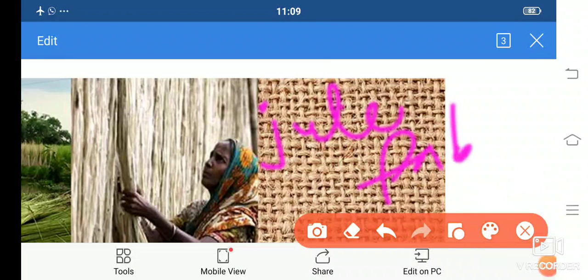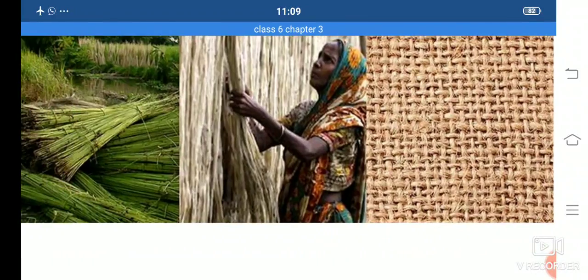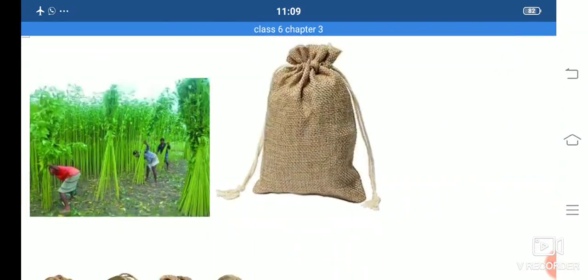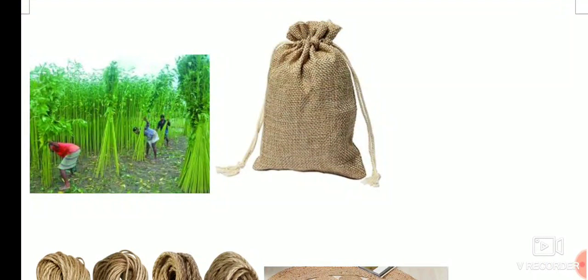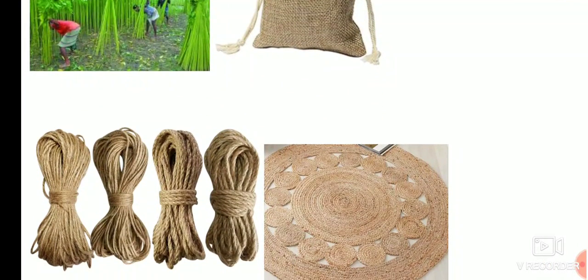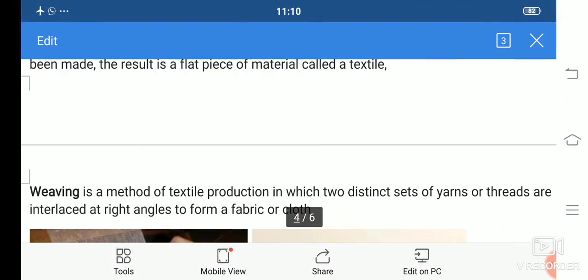Many other things are also made by jute. What are those things? You can see in the picture also. See, this is jute sack, jute rope, jute doormat. So in this way we come to the end of the explanation part of the chapter.